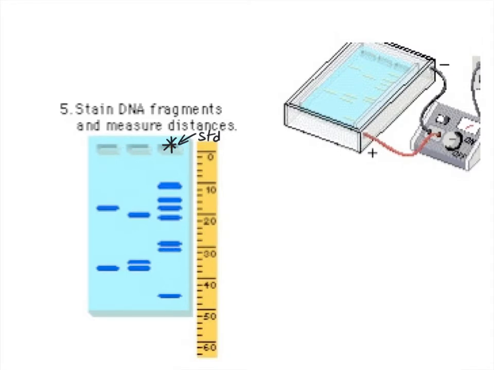Then you're going to measure how far each piece of DNA migrated down the gel. So for example, this first DNA fragment migrated, let's say this is in centimeters, 10 centimeters from the well. And let's say that according to our map, that band is 11,000 base pairs long.